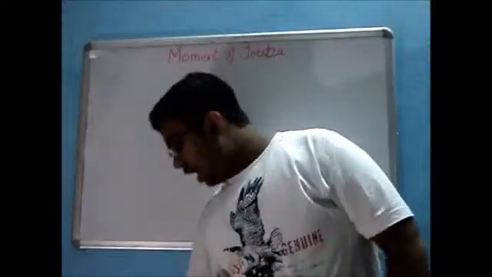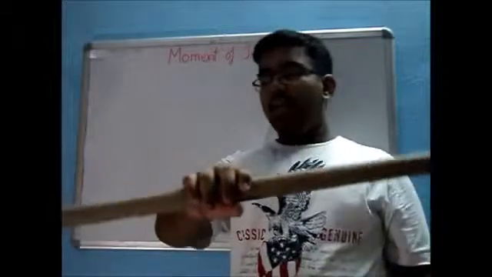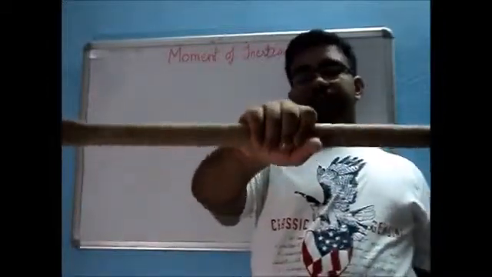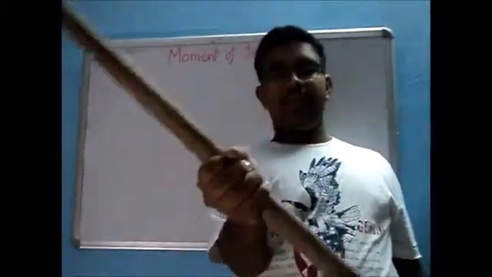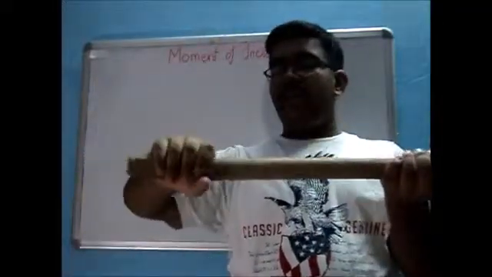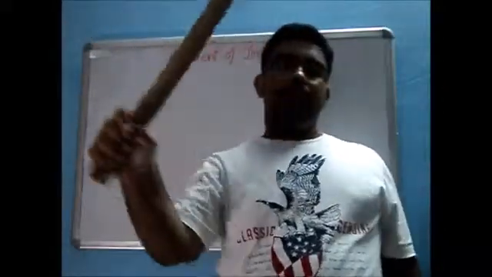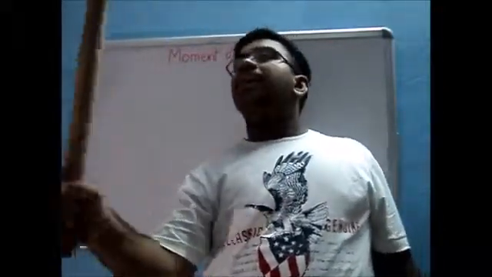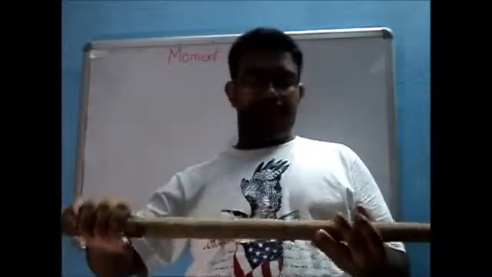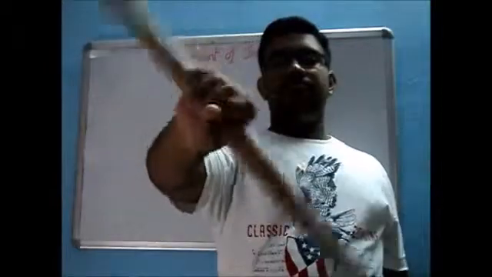Here I have a wooden stick. Now if we try to rotate it like this, it is easier than rotating it by one of the ends. Here I can barely rotate it, but from here it is very much easy.